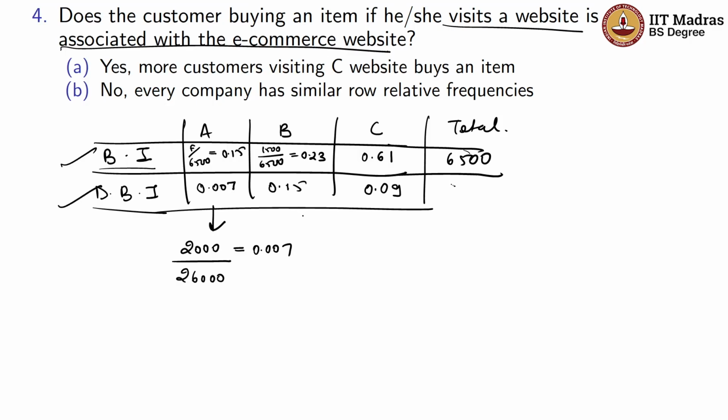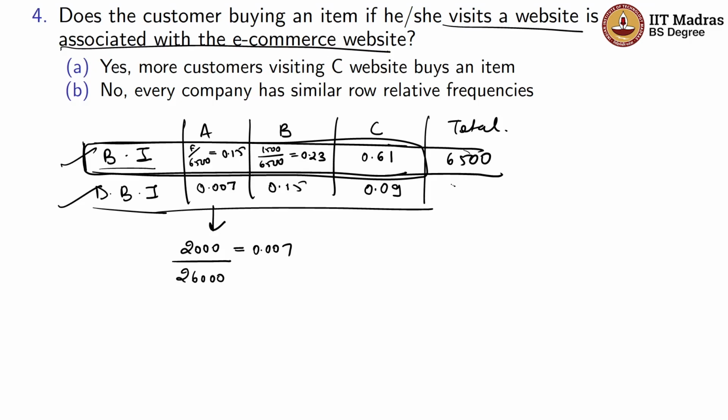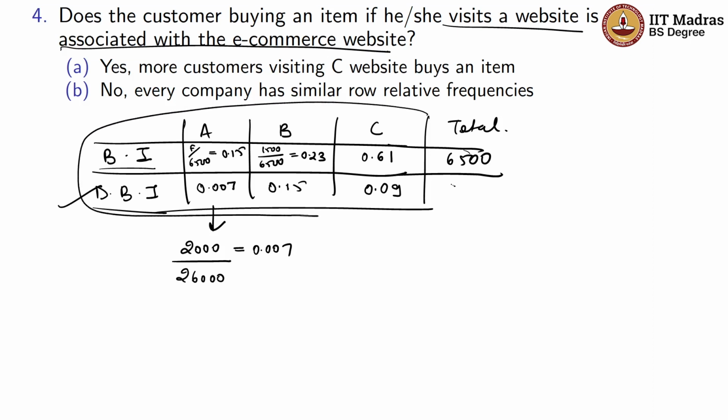Now I have made a bar chart with these columns, in which we have bought item and did not buy an item.